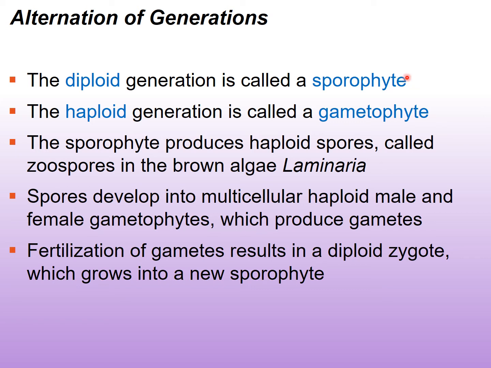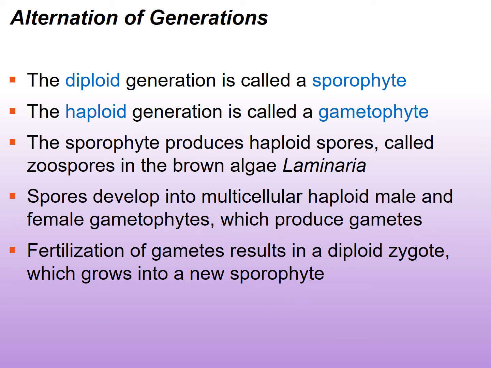The spores are going to develop into the haploid male and/or female gametophytes, which are going to then produce the gametes. So the gametophytes produce the gametes. Fertilization of the gametes results in a diploid zygote, which then grows into the sporophyte and then continues the life cycle again.